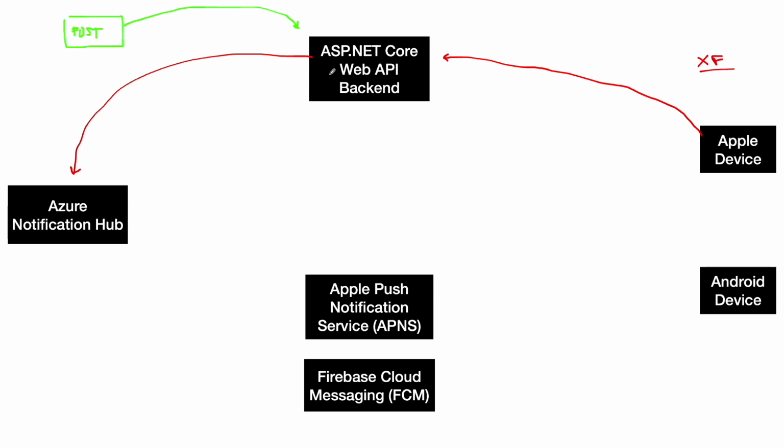So anyway, our Web API backend decides we need a new notification. So it prepares the notification and sends it to the notification hub.